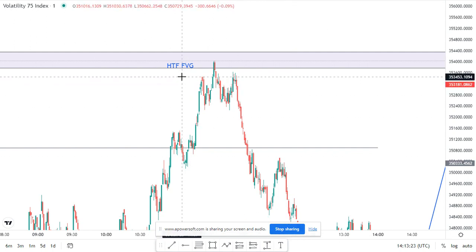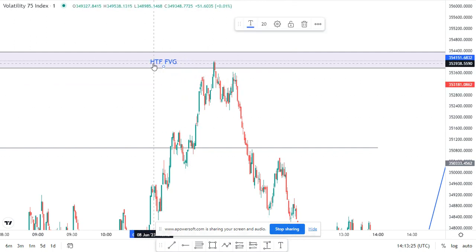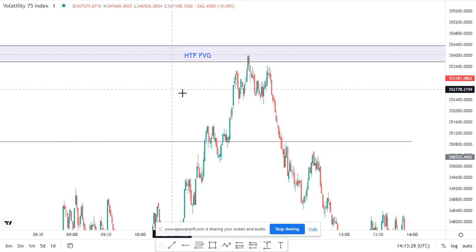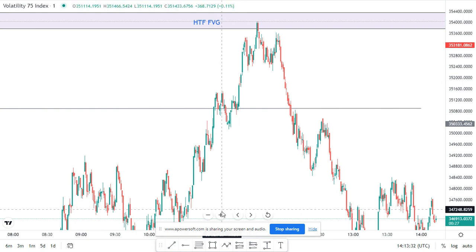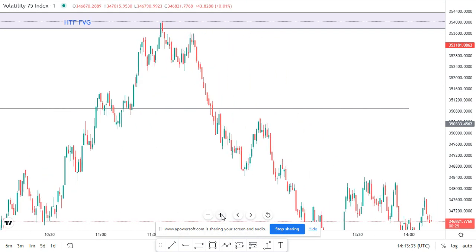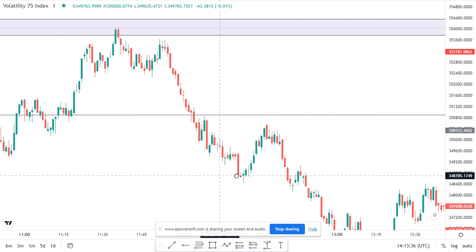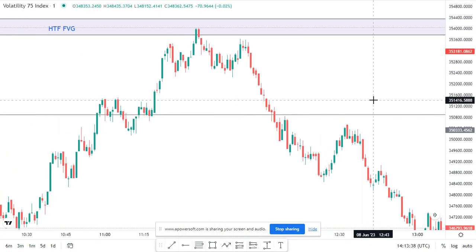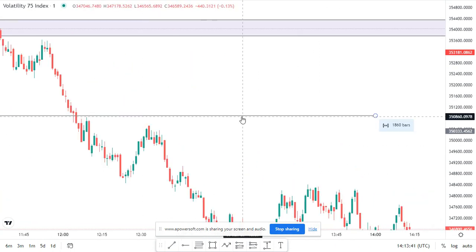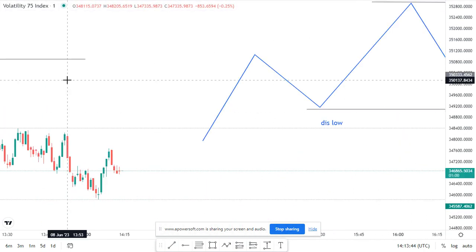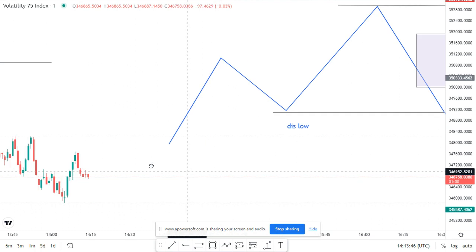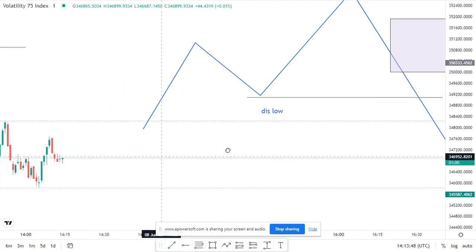We are now on the M1 tab for entry, looking for confirmation, as I said before in this diagram.